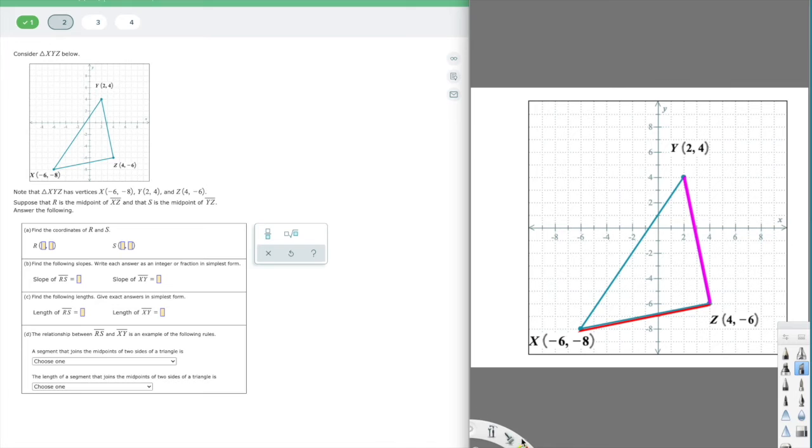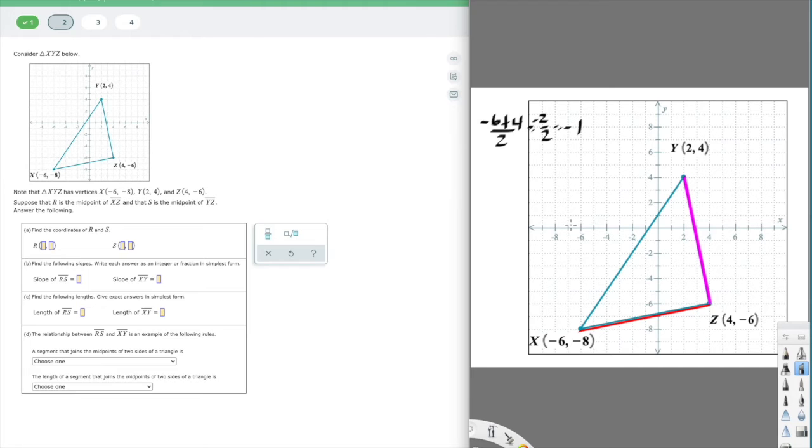We need to use the midpoint theorem to do this because it's not a vertical line or horizontal line. They're a little diagonal, so we can't just count to the middle. The midpoint theorem says if we add together the x coordinates and divide by 2, that'll snap us to the middle. So if I go -6 plus 4, because it's -6 and 4 for the x coordinates, and then I'm going to divide by 2, that is -2 over 2, which is just -1.